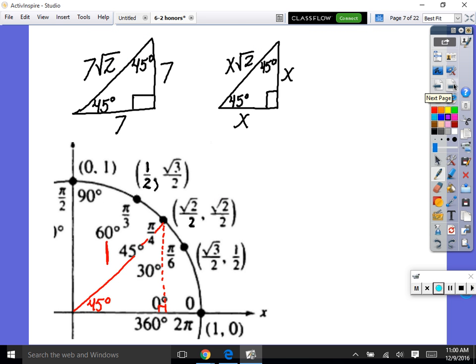Okay, everybody, just consider if we have a 45, 45, 90 degree triangle. Let's say that this side's 7 and this side's 7. Then we know that right triangles say that 7 squared plus 7 squared equals the hypotenuse squared, correct? And let's say we didn't know the hypotenuse, so question mark squared. Then that would be 49 plus 49 equals question mark squared, correct?